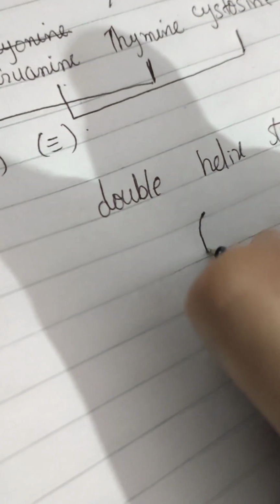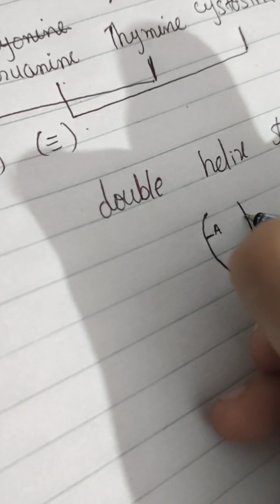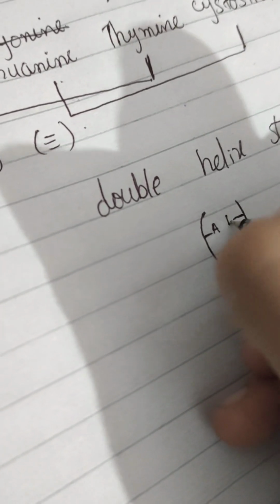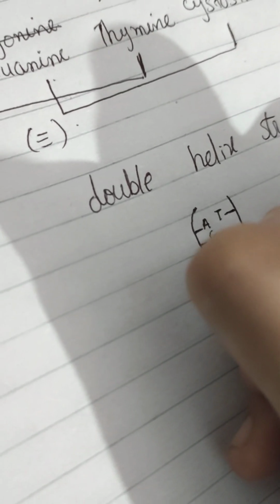And DNA is a double helix structure. For example, here adenine is present, so here will be thymine. If cytosine is present, here will be guanine.